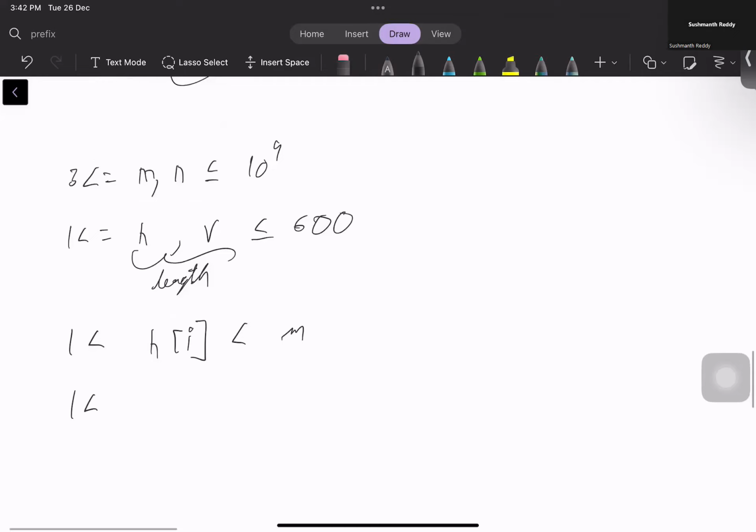Similarly, vertical fences can be in the range 1 to n, where 1 and n are exclusive, as at 1 and n there are already border fences. Similarly, at 1 and m there is a border horizontal fence.